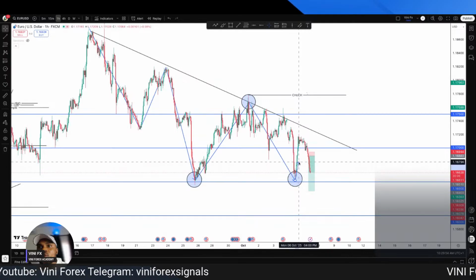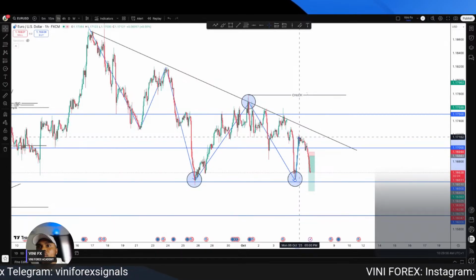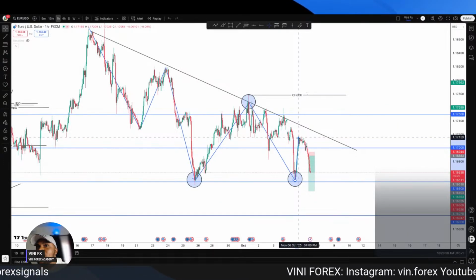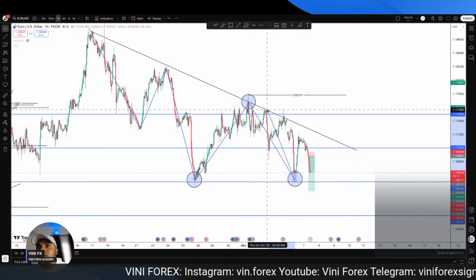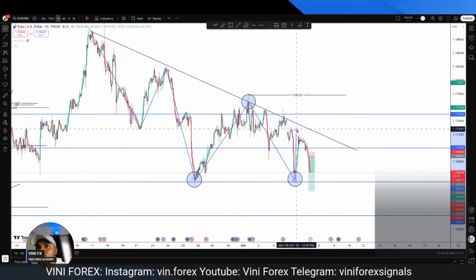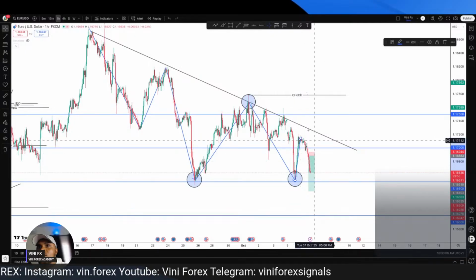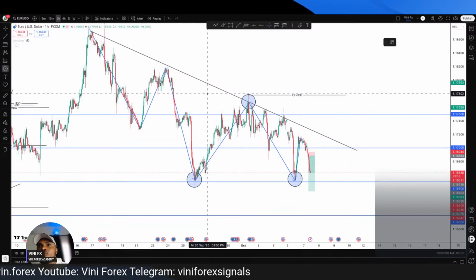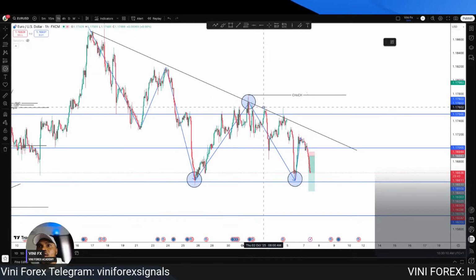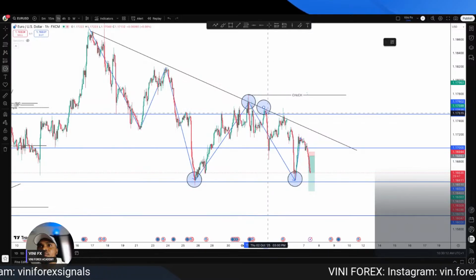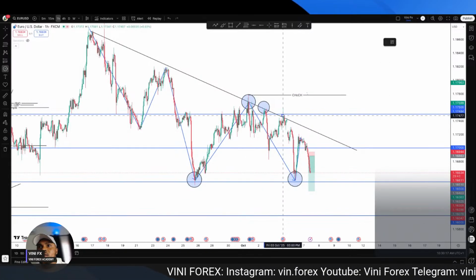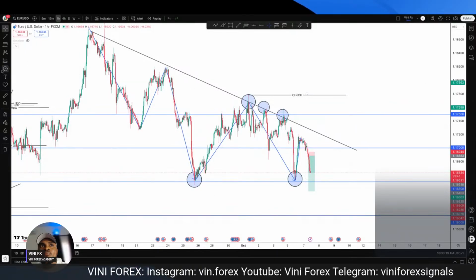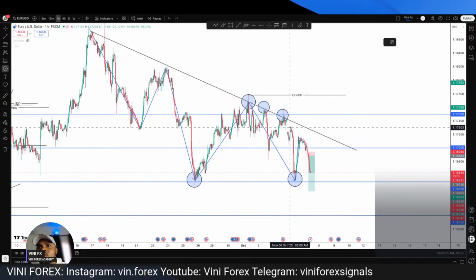The price went up here, and as it came up, it didn't come even close to these tiny highs that happened here. If you look at this market very well, this is a high, it gave you a high right here, still gave you another high right here, and another high right here.